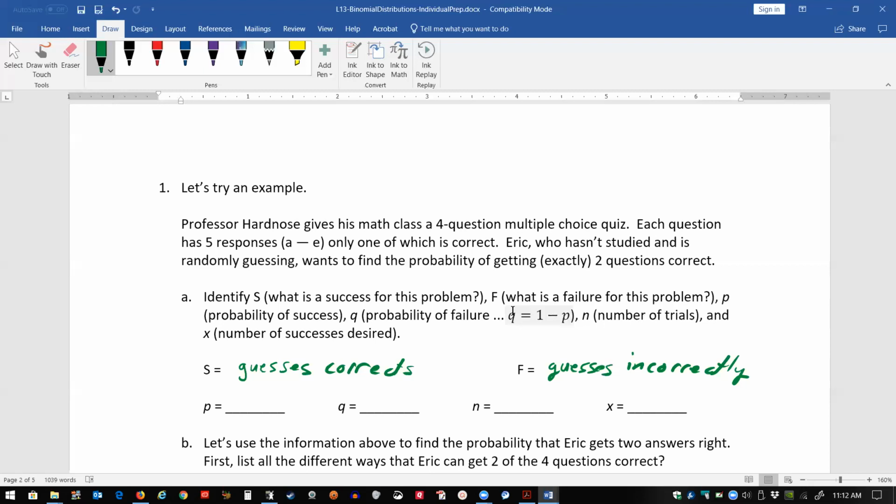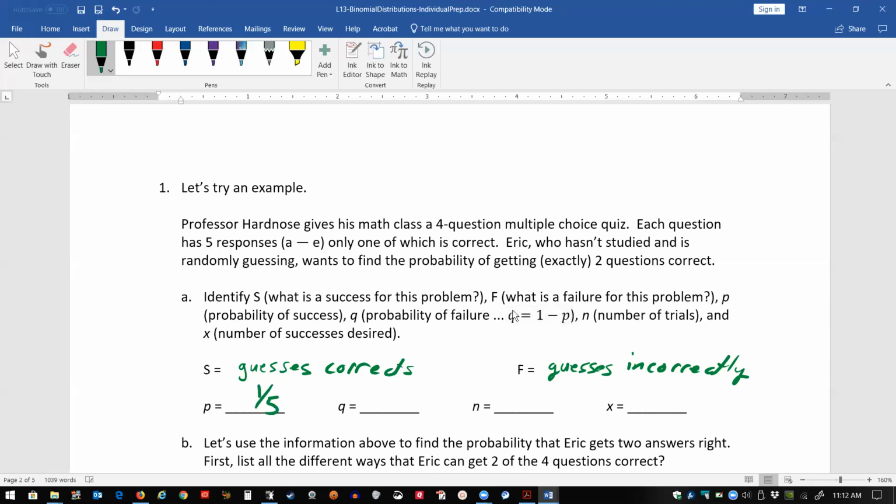Okay, so now we're going to find the probability of Eric guessing a question correctly. So if there's 5 responses, one of them is right, what's his probability of guessing that question correctly? 1 out of 5, right? So that is the P here.